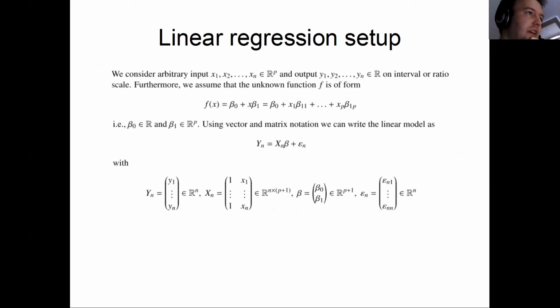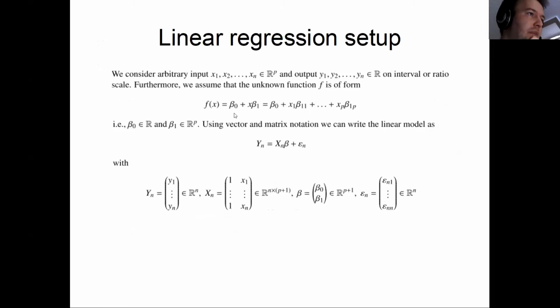As I said, we have some arbitrary inputs, we also call them predictors, x1 to xn, and we have some output, y1 to yn. And we assume this functional relationship here.